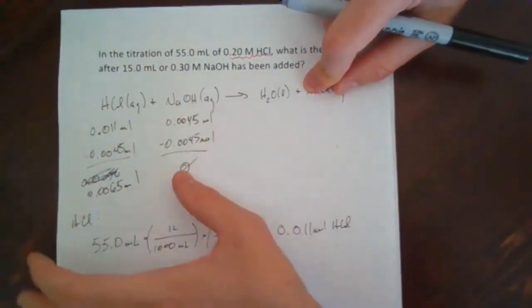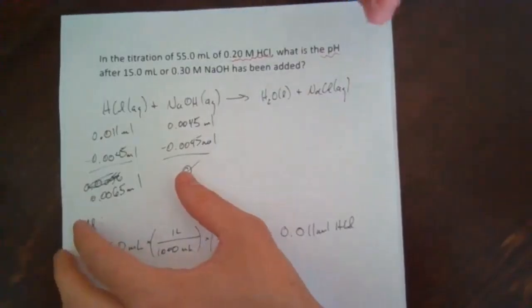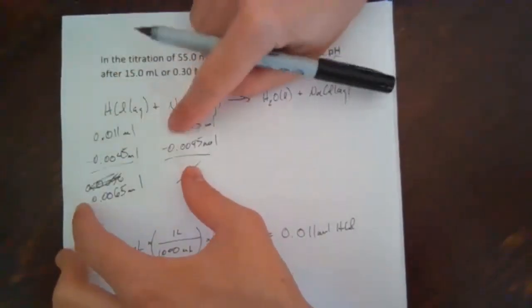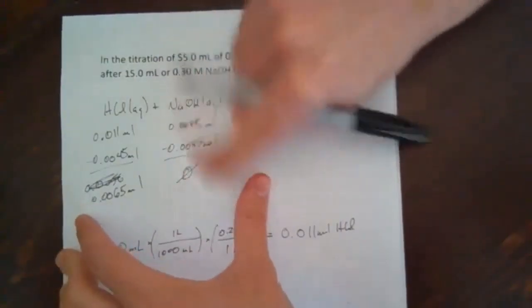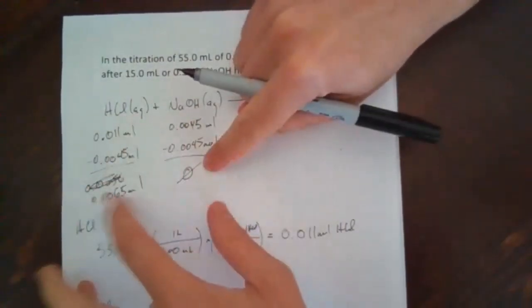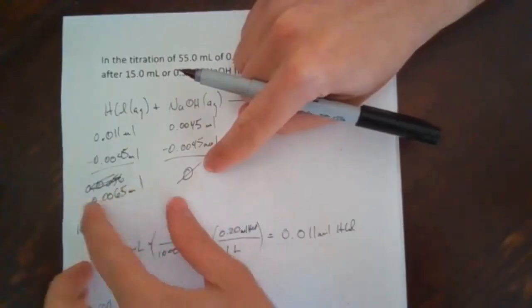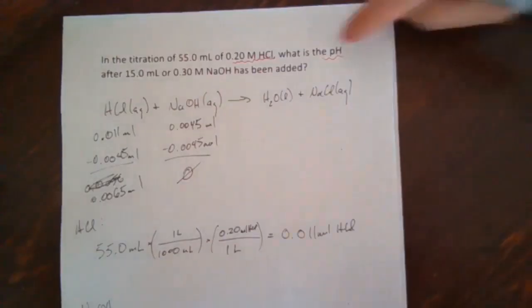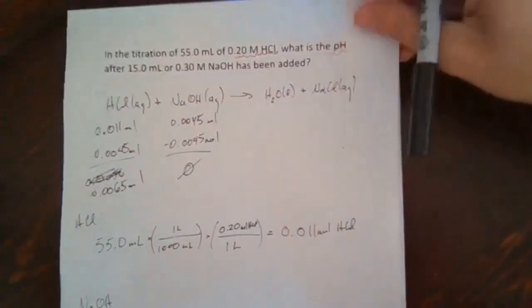So all the NaOH reacts, which we expect, because it's the limiting reagent. So we started with a lot of acid. We added a little bit of base. We now have all the base is gone, and we just have less total acid. So this is the total moles of acid that are present in the solution. Okay, so that's on the right track, but we still want to know the pH.